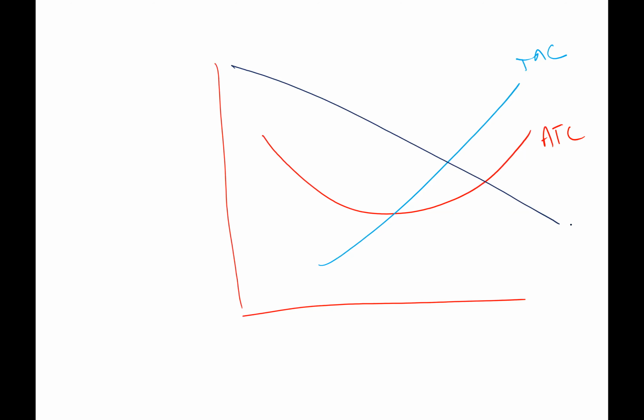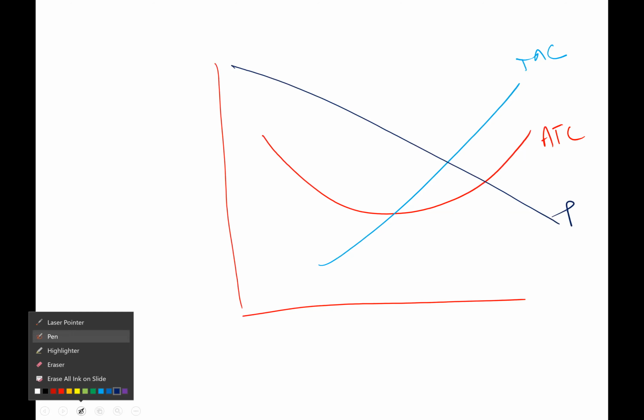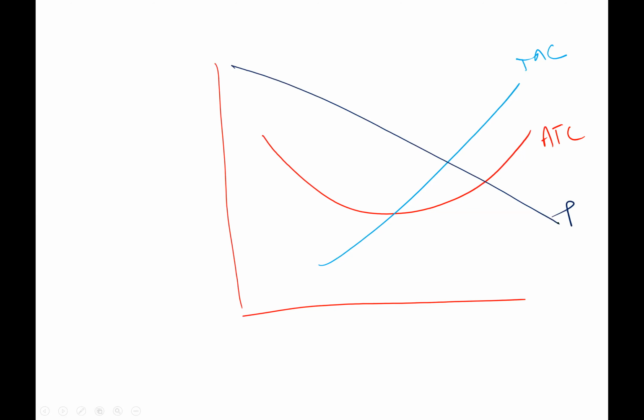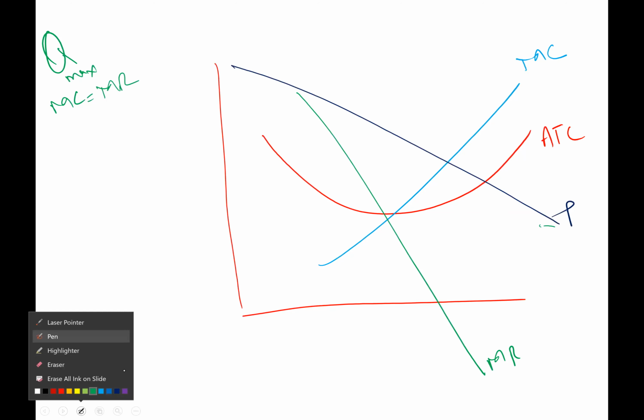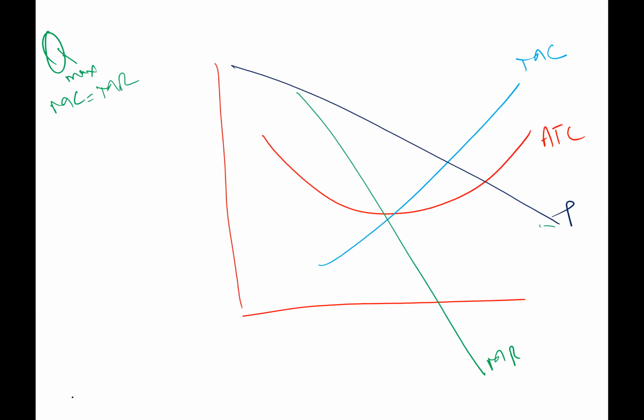This is the price, P, and marginal revenue is always less than, to the left side of, the price line, and can also be negative, so I'm showing the negative side as well. So in order to find Qmax, the quantity that will give you maximum profit, it will be at the point where MC is equal to MR, right? So where is that one? So that point is where MC is equal to MR.